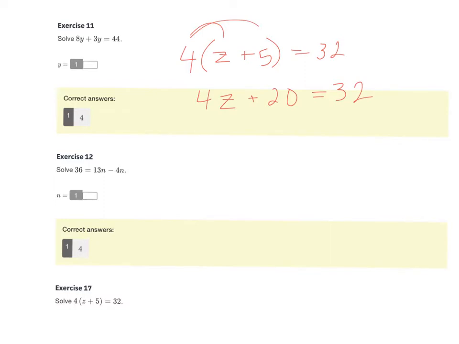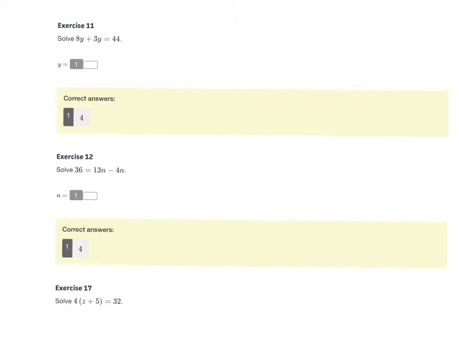So here I've got this plus 20. So we're going to do the inverse of adding 20. We're going to subtract 20 from both sides. That's going to give me 4z is equal to 12. Then I'm going to divide by 4. z is equal to 3. And that's how you would do 17.